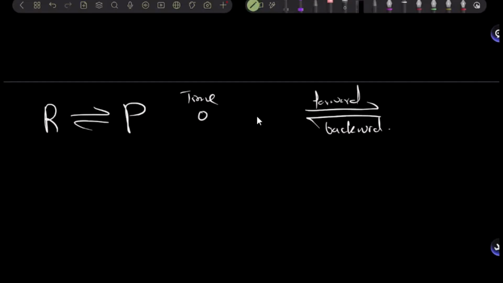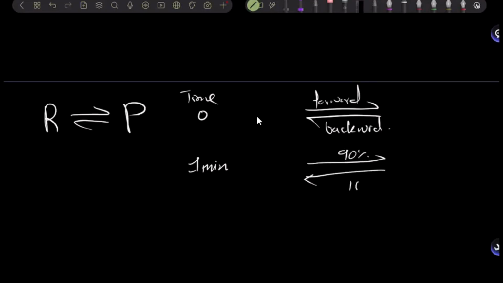So let's say at time zero, initially, nothing was happening. When the time started and you reach time 1 minute, at 1 minute, you saw that 90% was going forward and 10% was going backward.